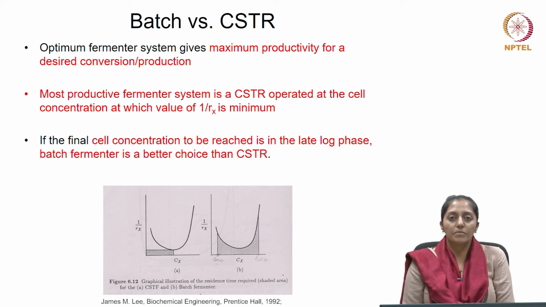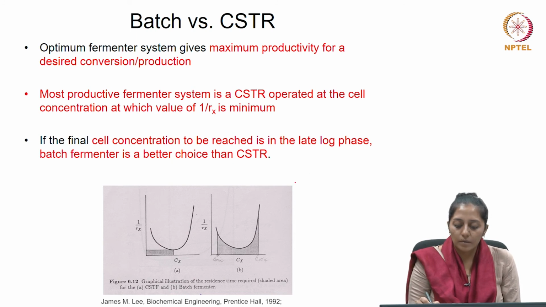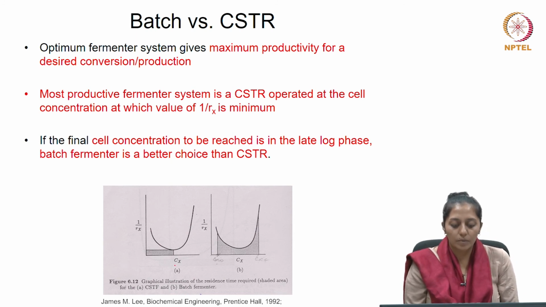Conversion here means the substrate conversion. So, how do we determine this? We know that the most productive system is the CSTR, which can be operated at the cell concentration at which your 1 by Rx is minimum. If you see the plot of 1 by Rx versus Cx, we know that the productivity, which is Rx, is given as Cx by tau x, isn't it?